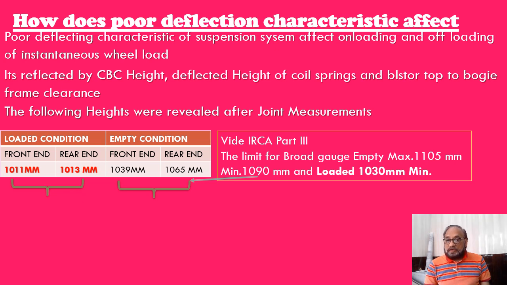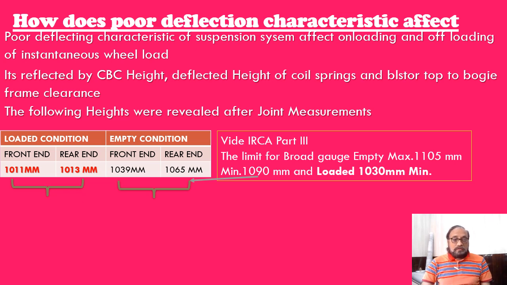Buffer height depends on three vital items. One is wheel diameter, second is the spring, and third is the loading. If loading is within the permissible range, wheel diameter within the permissible range, then the ultimate doubt goes to springs being weak.